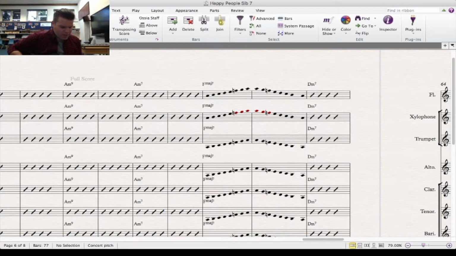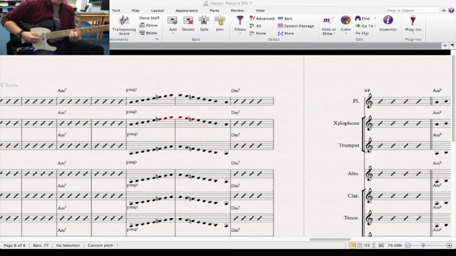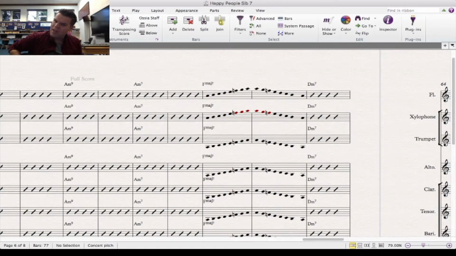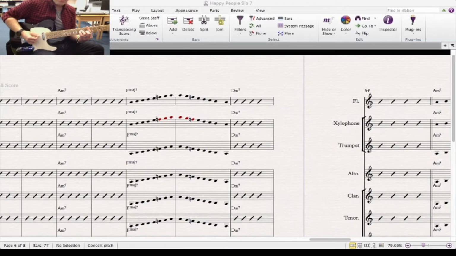Then it goes to the F major 7. Here's an F major, and here's our F major 7. Concert E gives the F major 7 that lovely relaxed sound. Here's the D minor chord.